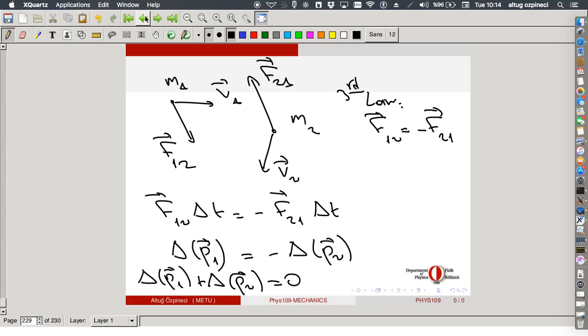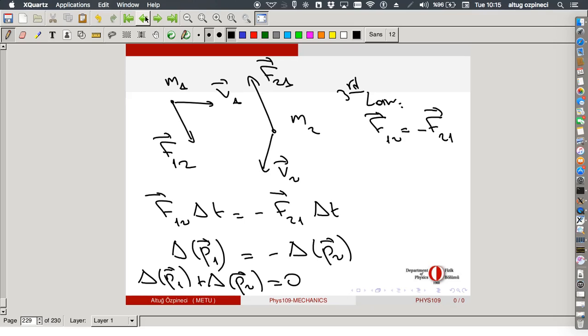So this is the expression of Newton's third law. And once I have this equality, I'm just multiplying it with some length of a time interval. But this product, force times the time interval, is nothing but the change in the momentum of my object.